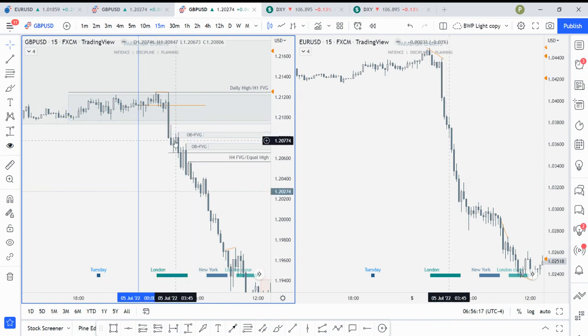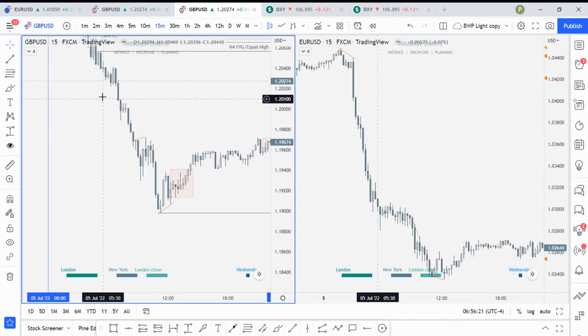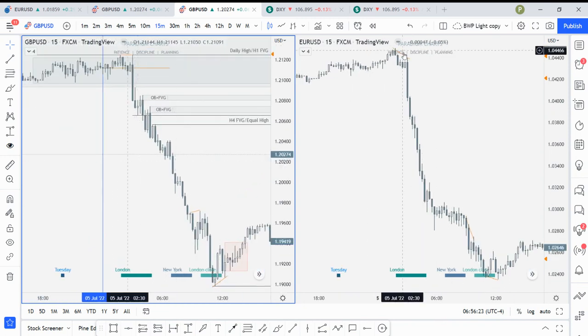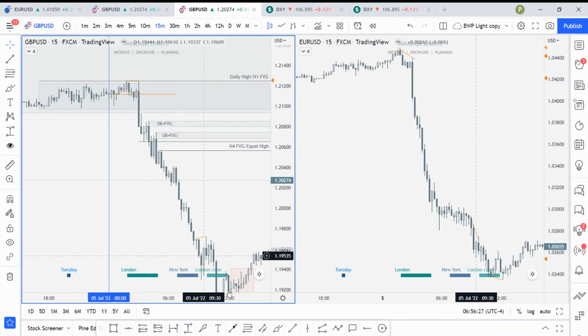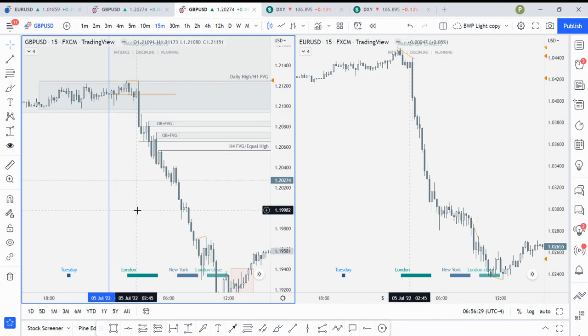I was expecting bearishness for that day, but I wasn't expecting it to be this bearish. If not, I would have held on to my trade and just ridden it down. That would have been a sweet short trade. So you can see on Tuesday again, the high of the day formed between 2 a.m. and 5 a.m., London open Q zone, New York time.